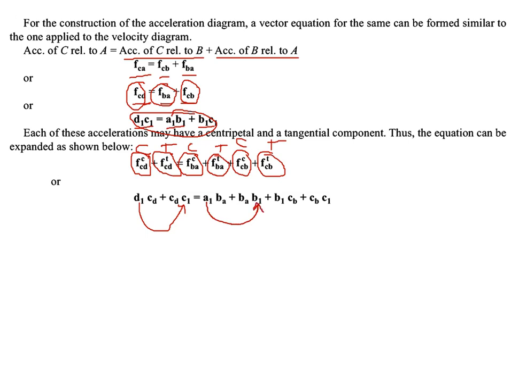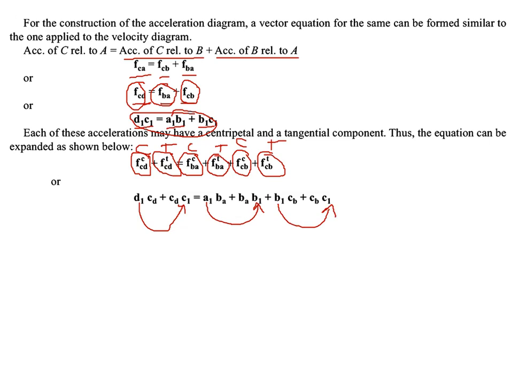To get the resultant for this, I have to take A1 BA plus BA B1. Then I will get the resultant A1 B1. Similarly, if I want to get B1 C1, I have to take B1 CB plus CB C1. Always two things.